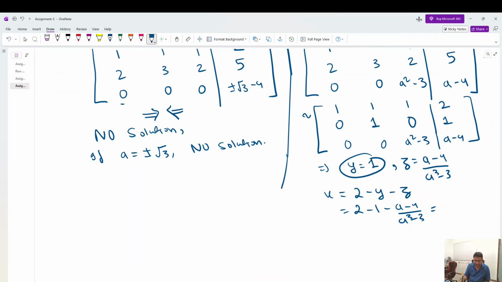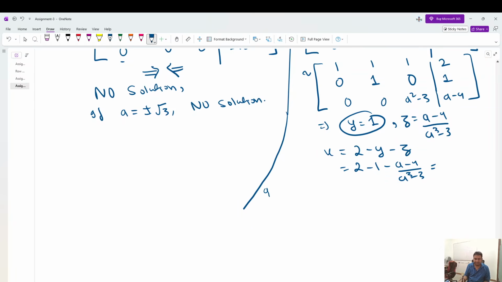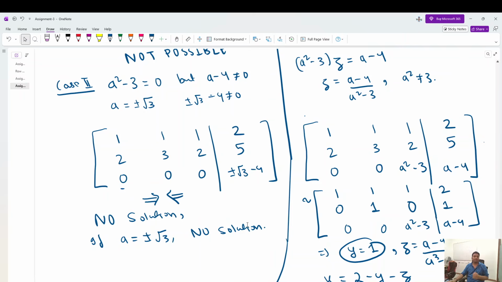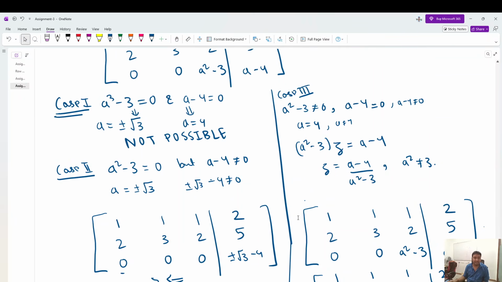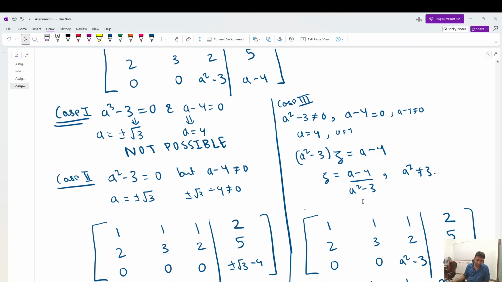So if a belongs to R minus plus or minus root 3, you have a unique solution. So either you will have a unique solution or you will not have a solution at all. You don't have a case here when you have infinitely many solutions.